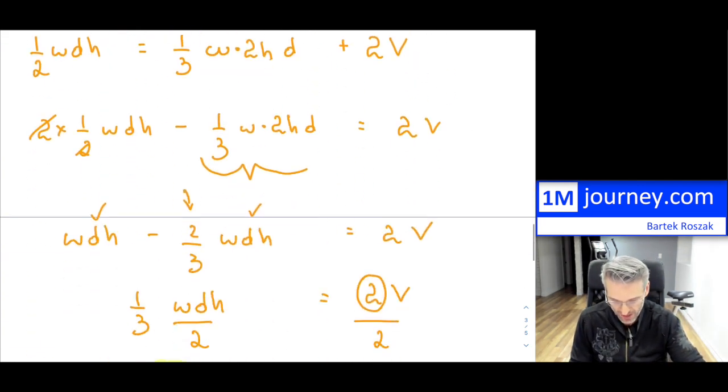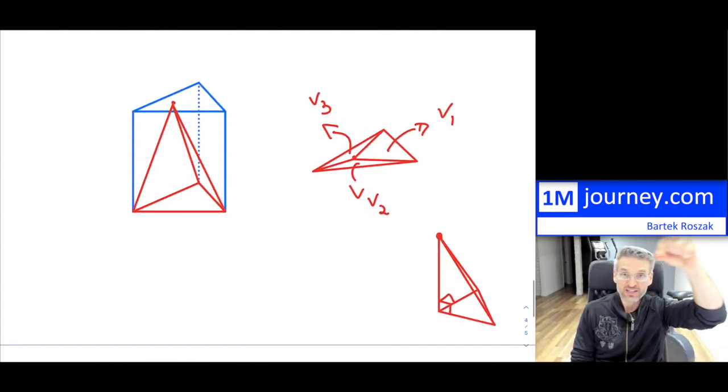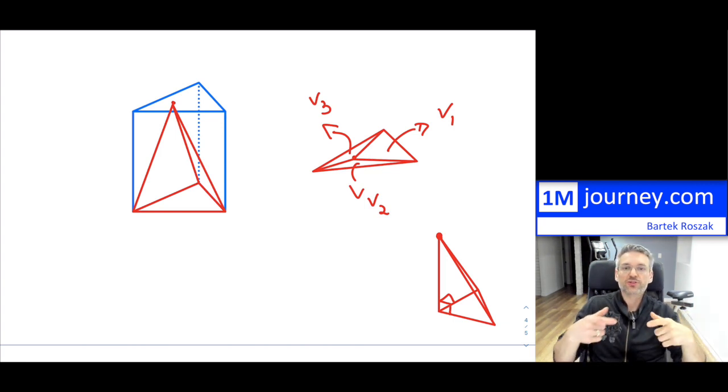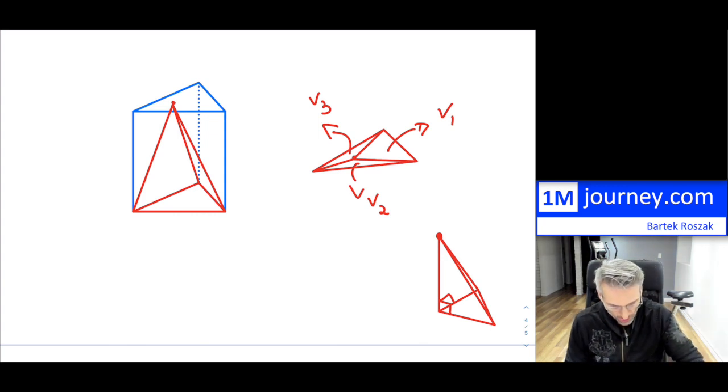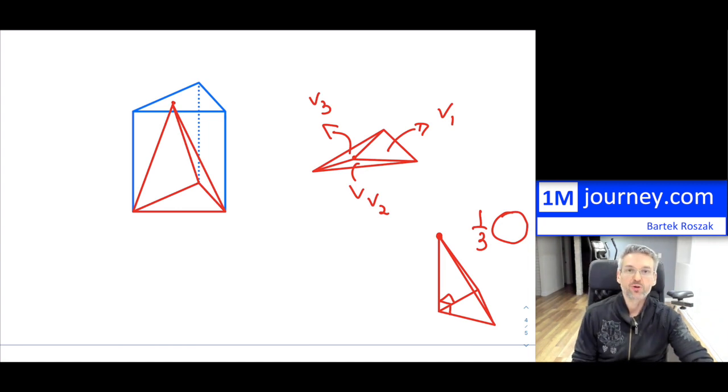So you have now divided it, where the apex can be anywhere, and you can break it down into 3 triangular pyramids. And guess what? Each of these we know is 1/3 of the actual volume of its prism.